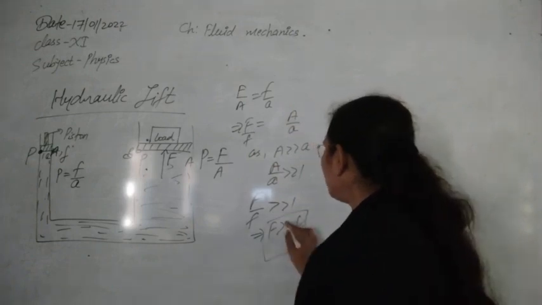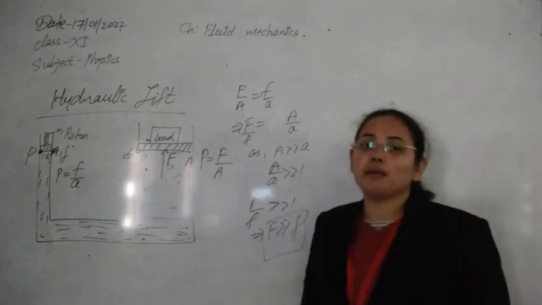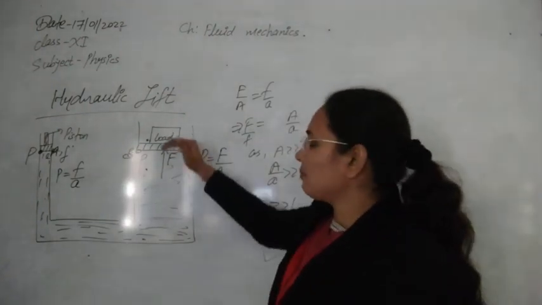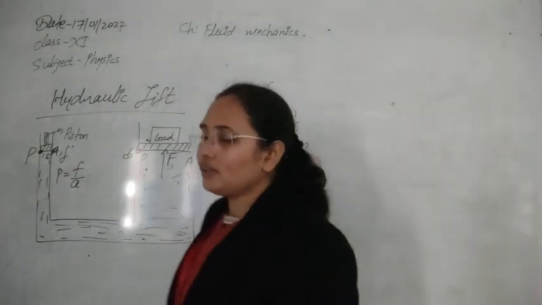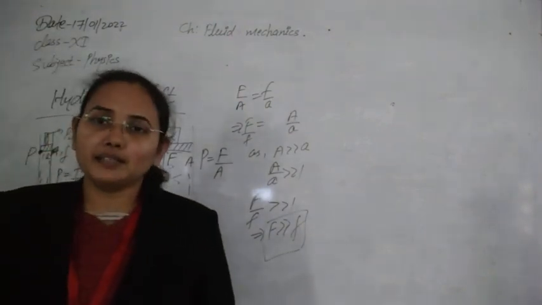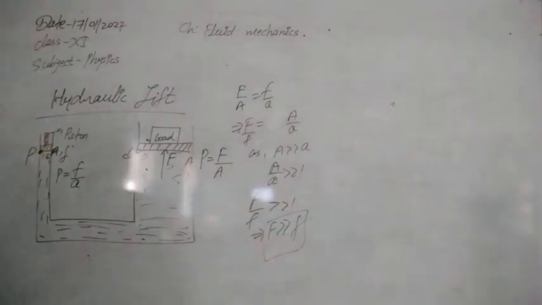A very large force is produced even if we apply a very small force on the piston here, and due to this large force the load can be easily lifted. We use this principle to make the hydraulic lift very easily in our daily life.